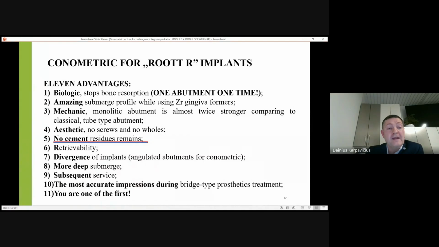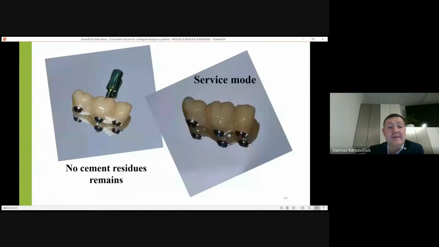And the most sensitive and very important question is the residues of cement, where if we are doing cementation, we have no possibility of retrievability. We cannot remove our constructions, and sometimes if it is a deeper emergence profile, we cannot control the remains of that cement.